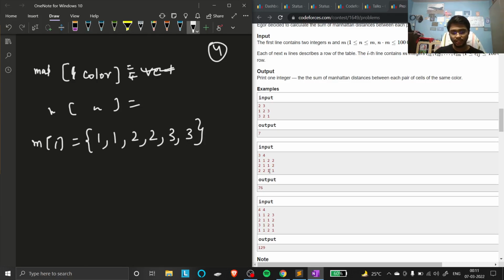These are its x coordinates. Whenever we find the Manhattan distance of this one and this, or this and this, we observe that we will sort this vector.